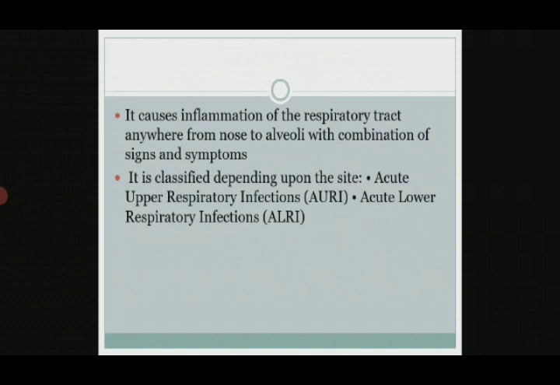Acute respiratory tract infection causes inflammation of the respiratory tract from nose to alveoli, anywhere. It can be classified depending on the site as acute upper respiratory tract infections and acute lower respiratory tract infections.